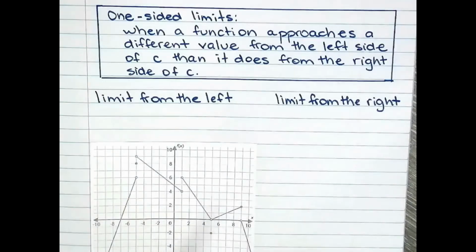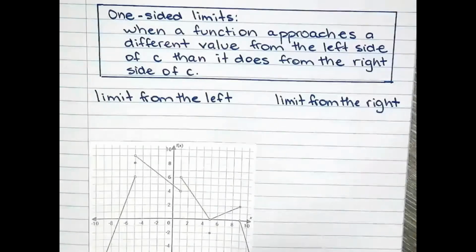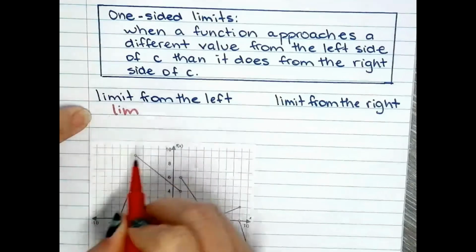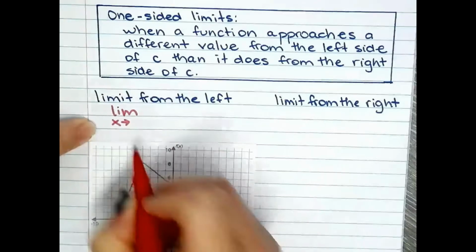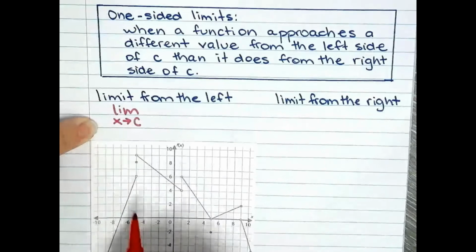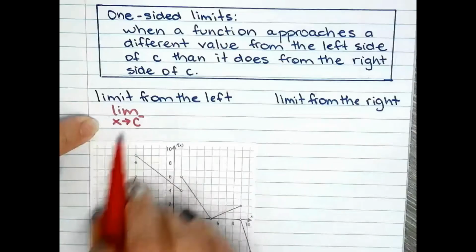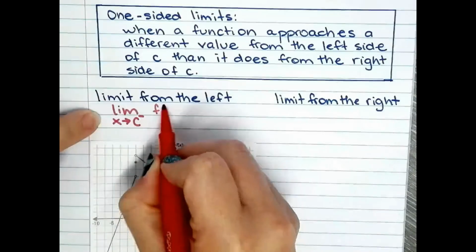Okay, so the notation for this is, the way we note limit from the left: limit as x approaches the constant c, whatever number that is, from the left, you have the little minus right above c. I wrote too big. It should have been a superscript. It's fine, f of x.